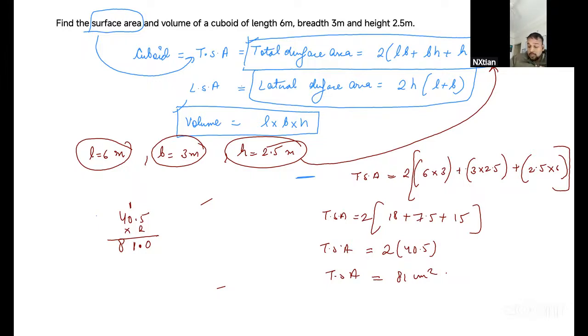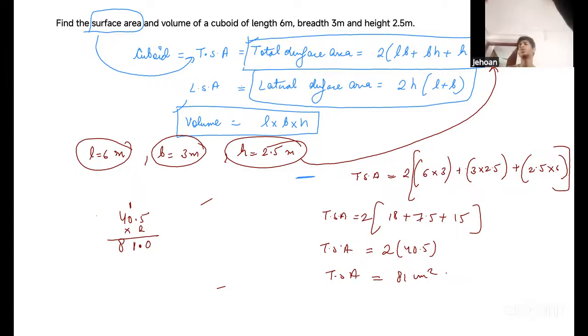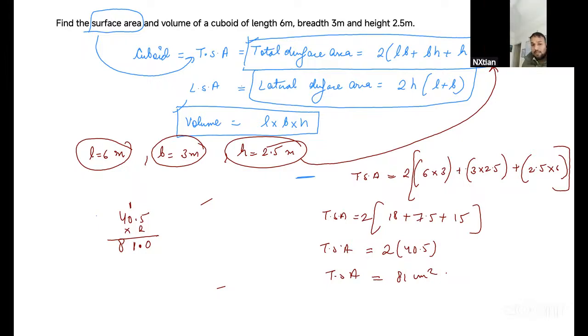Next doubt. Jahovan, do you have any doubt, beta? No, sir. Sorry for joining late. My device had died. No, it's okay, but do you have any doubt from the previous chapter 21, 20?